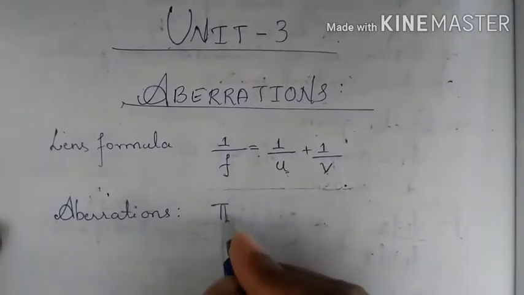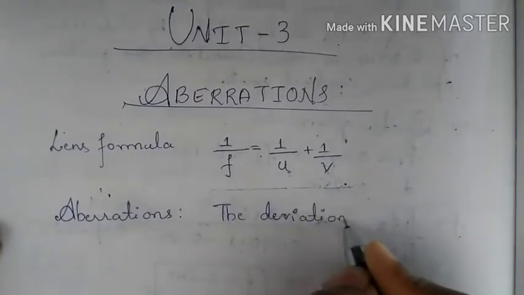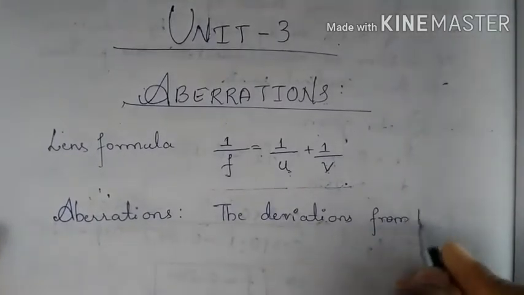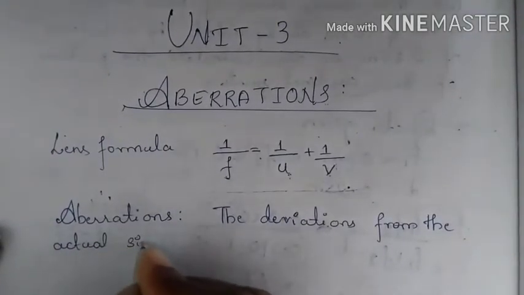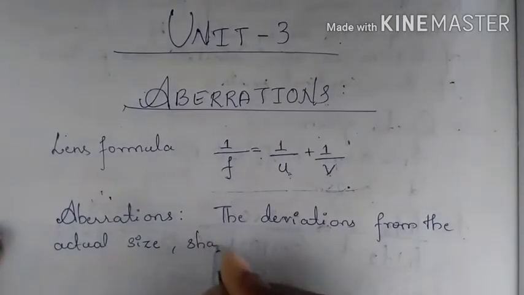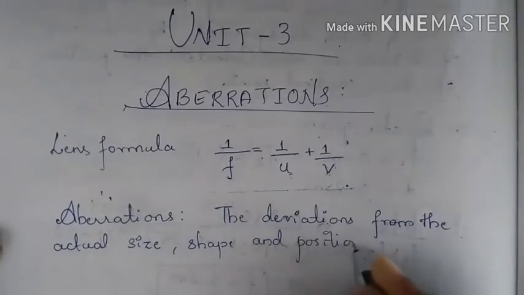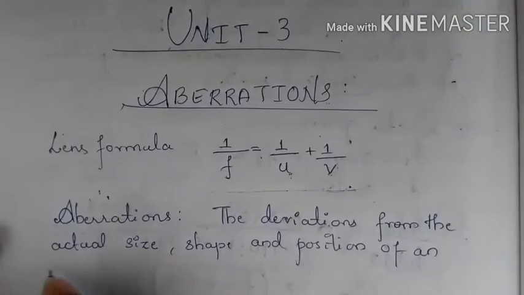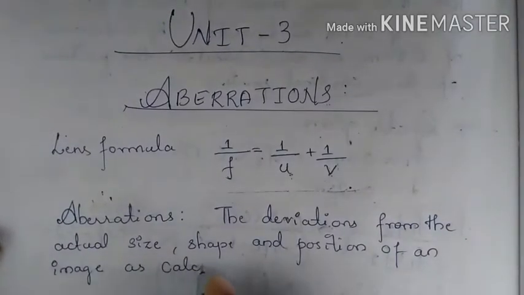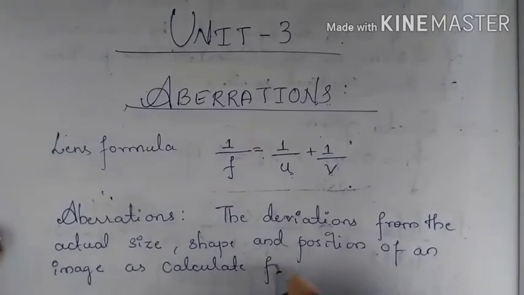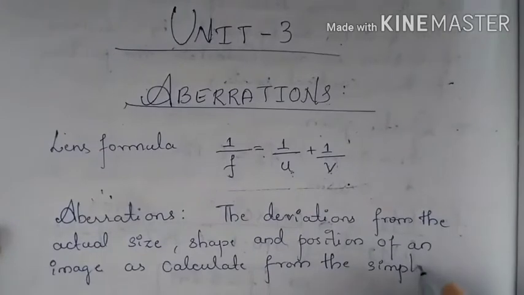Aberration is the deviation from the actual size, shape and position of an image as calculated from the simple equations.